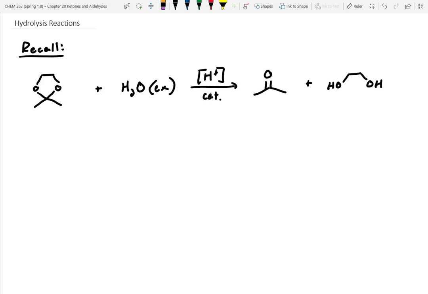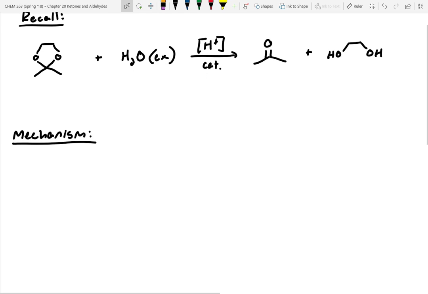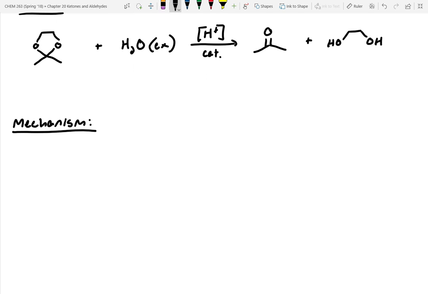Okay, so now we need to do the mechanism for this. And this mechanism is just as steppy as the forward one, obviously. So bear with me. So we've got water around, we've got acid around.